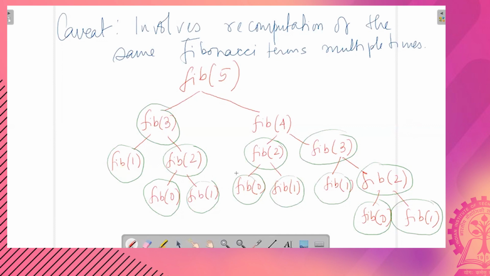So if someone asks you how inefficient it is, or how many terms the implementation that we have seen just now actually computes, can we make an estimate of this? Let us write a small table to see if we can get some clue.